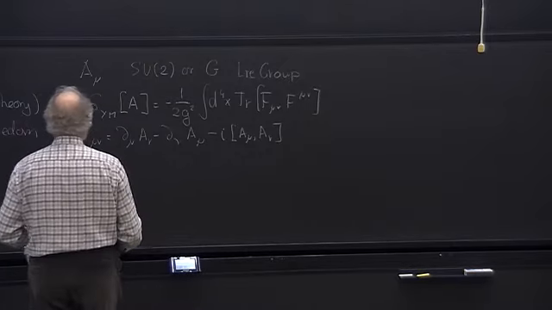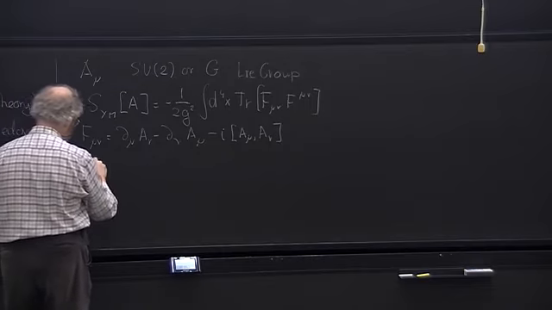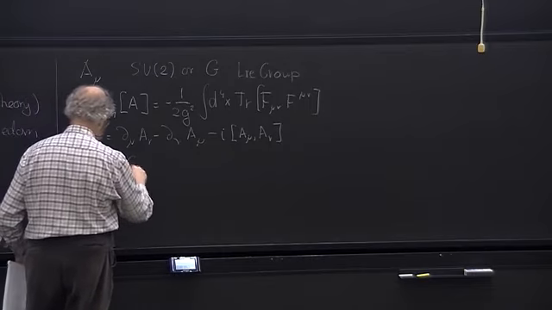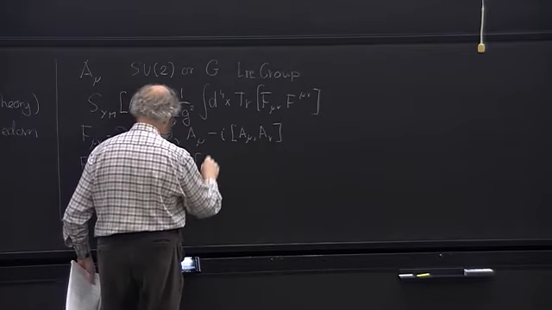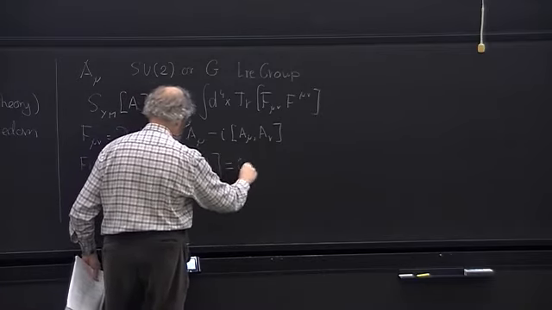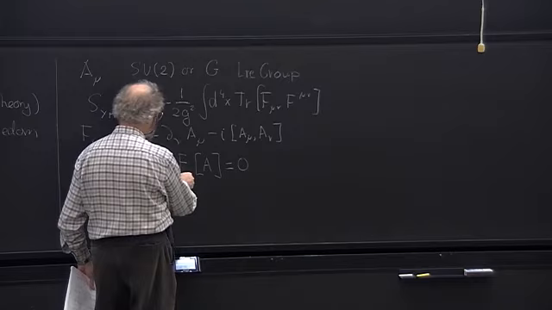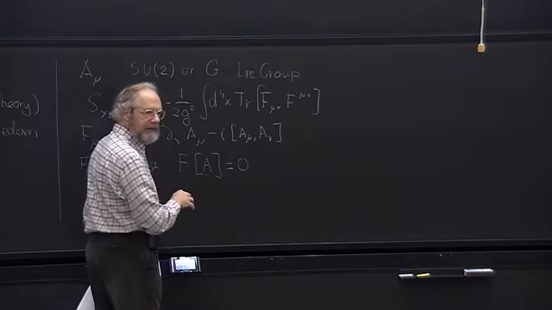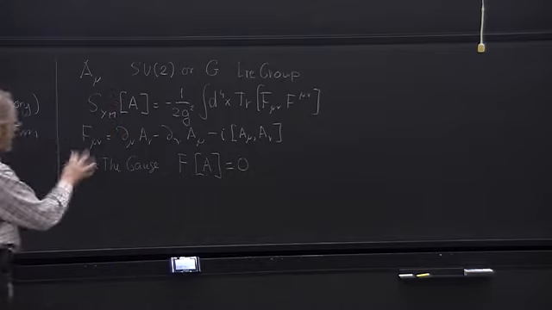And in order to perform consistent quantization, well, we need to fix the gauge by a gauge condition that I'm denoting in a very sketchy way, F of A. It's some local function of A and its derivative equals 0 at any point. So that's okay.